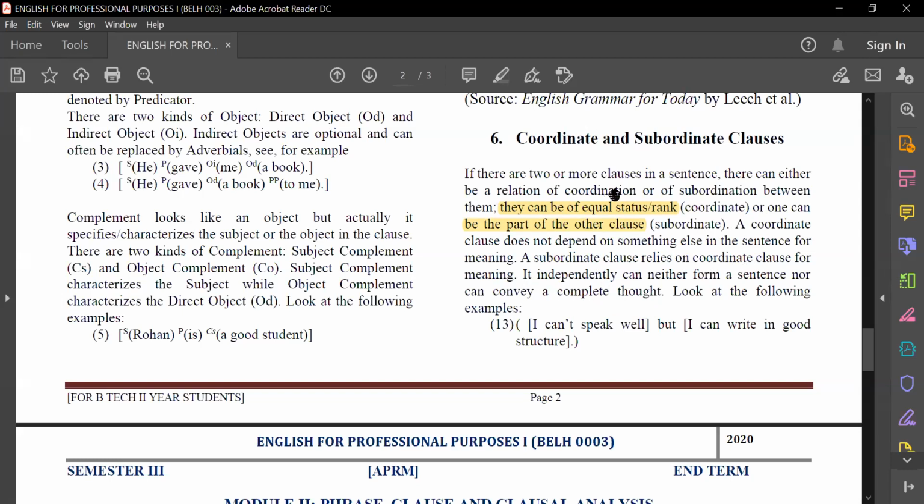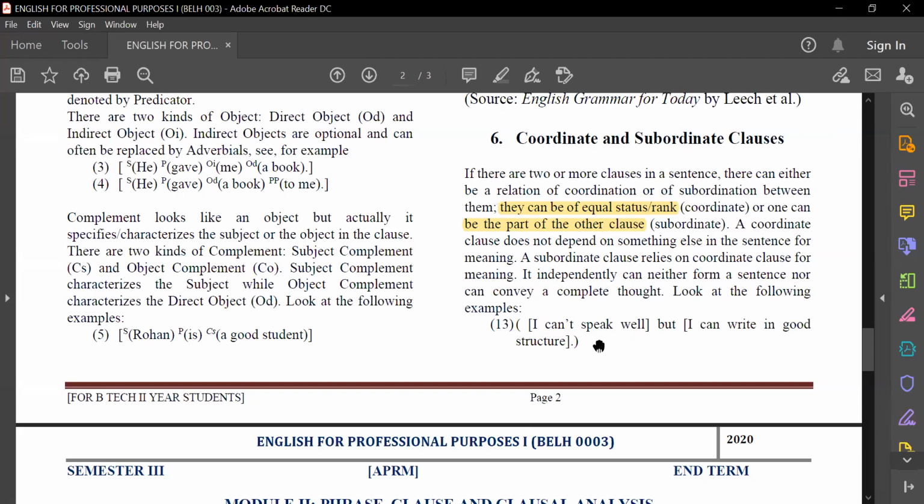Just to remind you, coordination means independency, and subordination means dependency. A subordinate clause relies on a coordinate clause, and it can neither independently form a sentence nor convey a complete thought, because it is dependent, right? So that's the understanding. Here you can see that there are two clauses, both of them independent clauses.